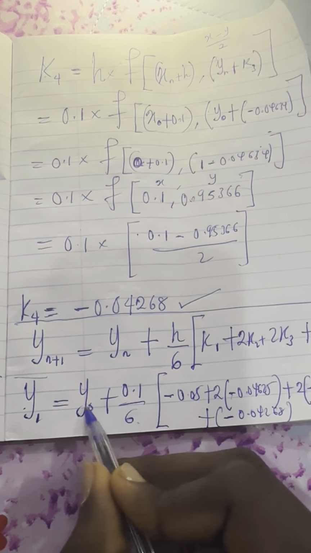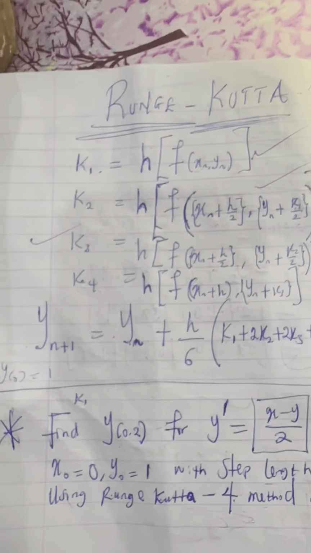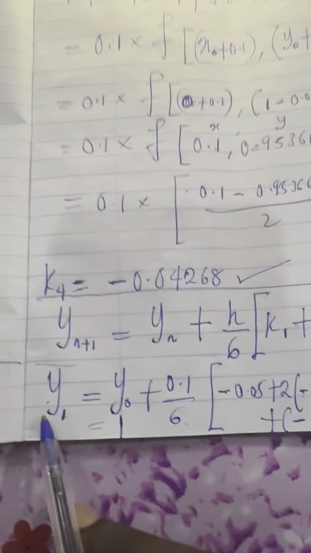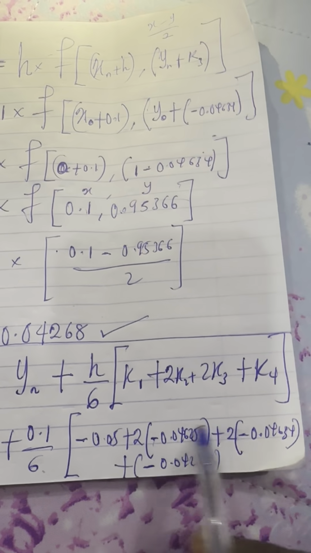Whatever, this y naught now is 1. Our y naught is 1, remember, from the question. So now my y1 is equal to 1 plus 0.1 over 6 times all this addition.